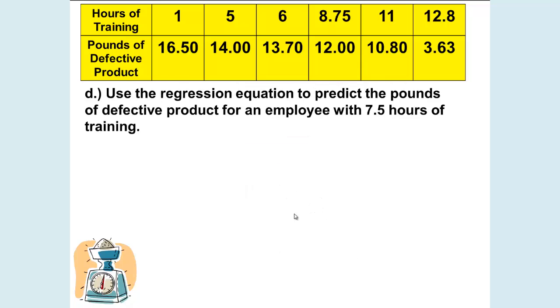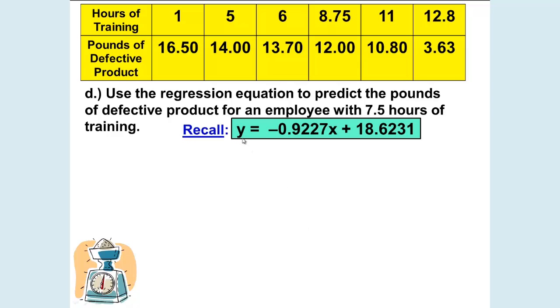The D part is to use the regression equation to predict the pounds of defective product for an employee with 7.5 hours of training. Recall that our regression equation is y equals negative 0.9227x plus 18.6231.